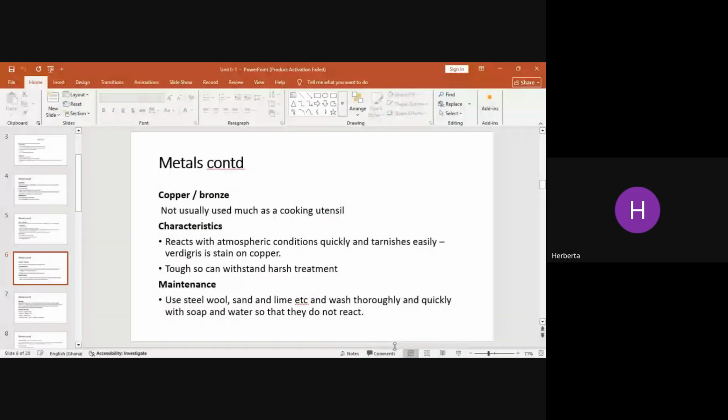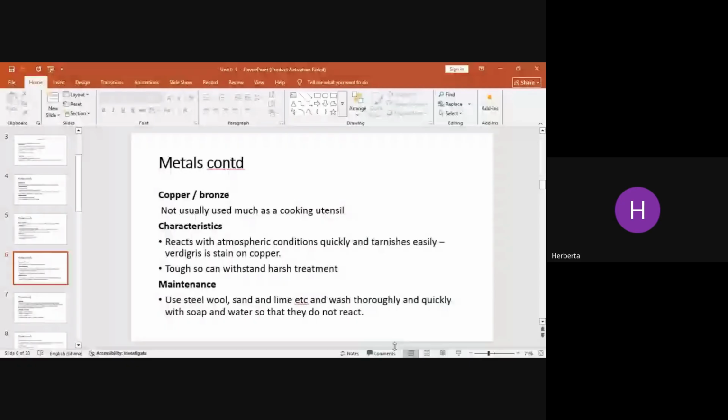Bronze or copper is another type of metal, and it's normally used as cooking utensils. What characteristics does copper or bronze have? They react with atmospheric conditions, and when it reacts with the atmosphere, you get some tarnishes or verdigris on the copper.